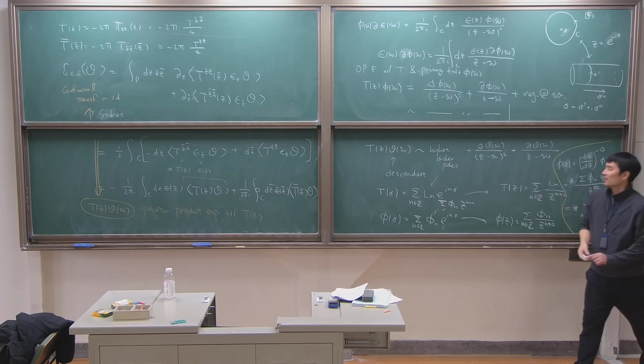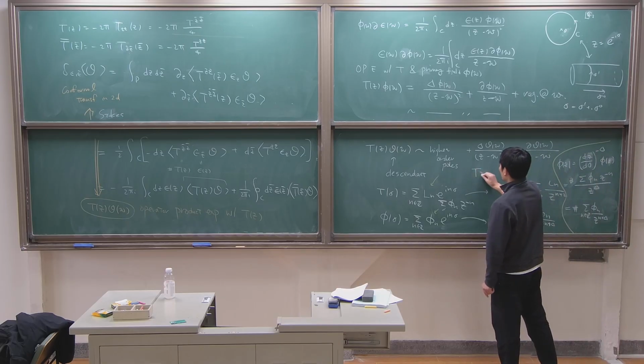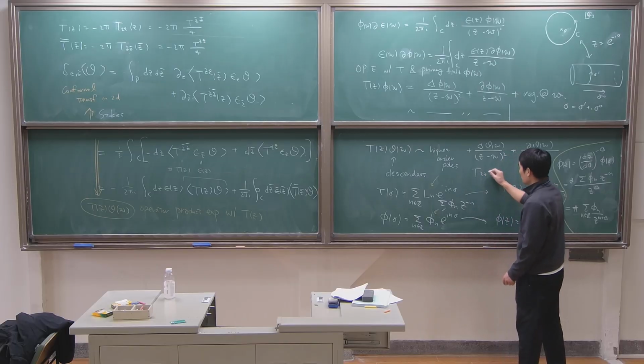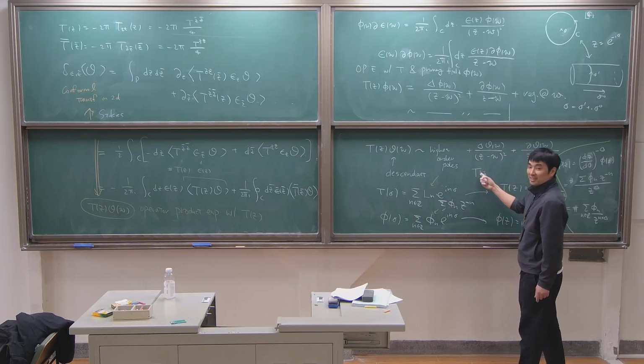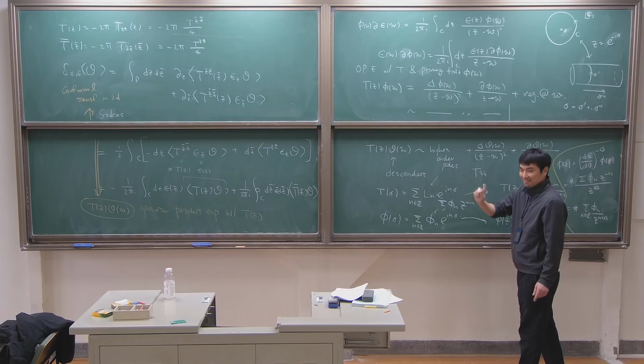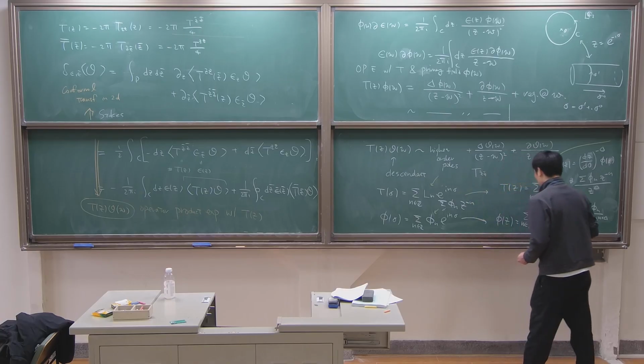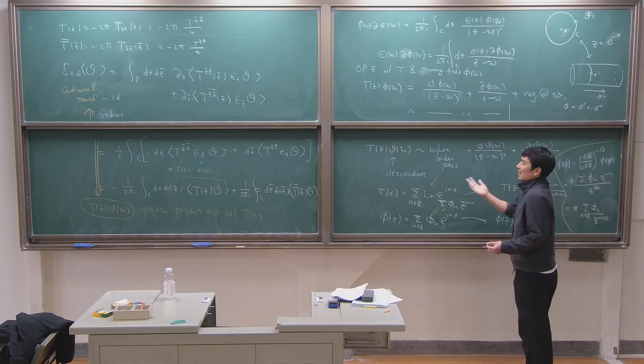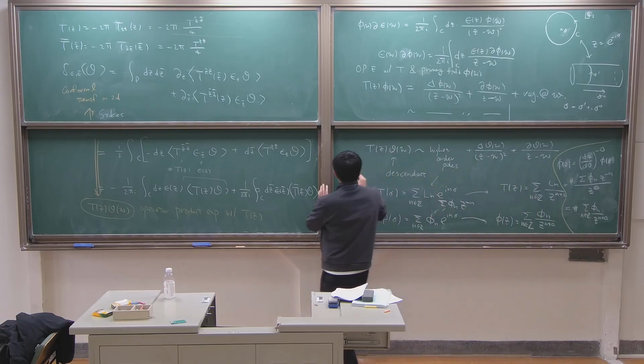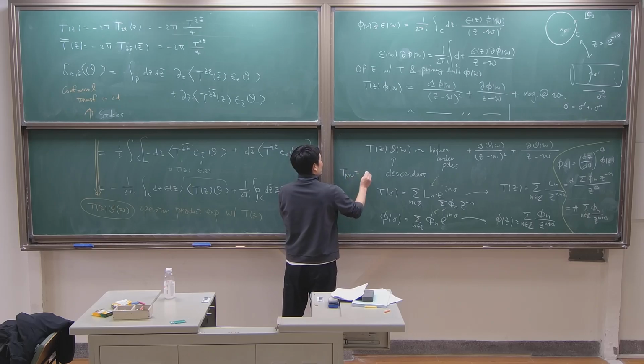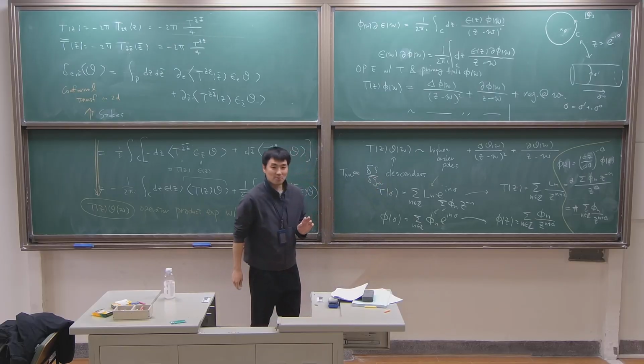That's easy to see actually. Once you have T_zz or T_z-bar z-bar, you have 2 indices, right? Therefore, it's just a conformal dimension 2. That's it. It's very simple. As I mentioned, T_mu nu is just proportional to delta G_mu nu.